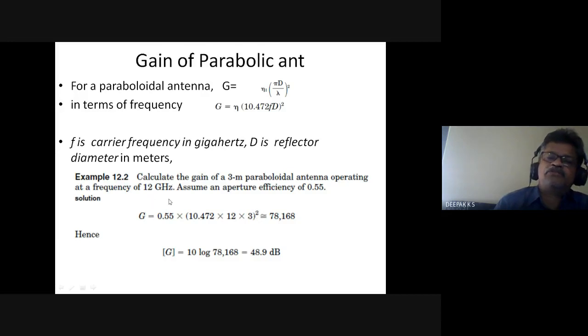Operating at a frequency of 12 GHz, you put the frequency as 12 GHz and this whole square into this aperture efficiency, you get the gain. And this gain you can convert into dB. So the dB values are put in square brackets, which denotes 10 log of this value G. You get that in dB. So the square bracket is the indication of dB.